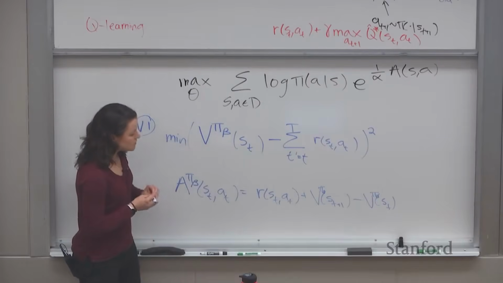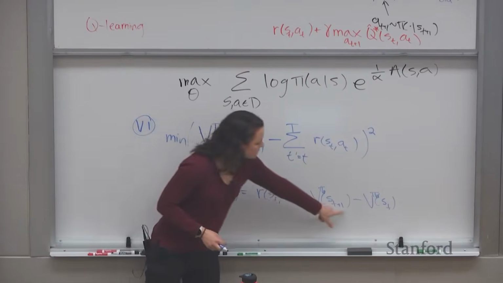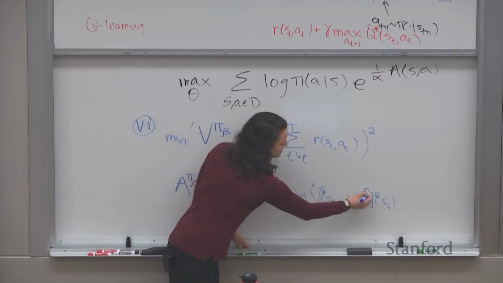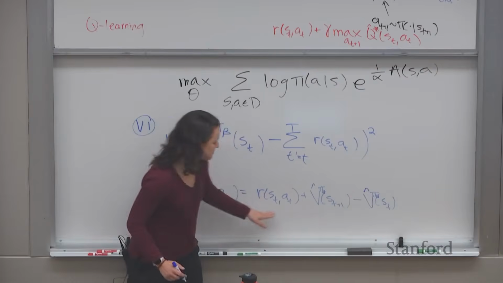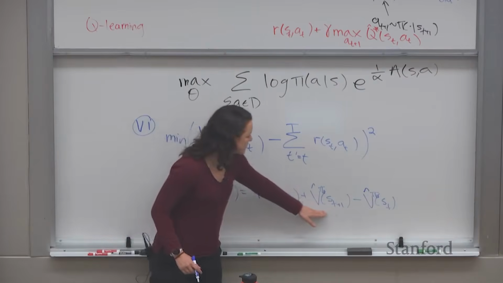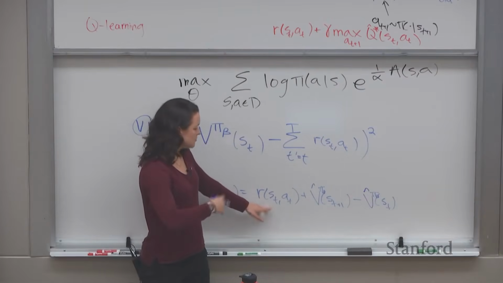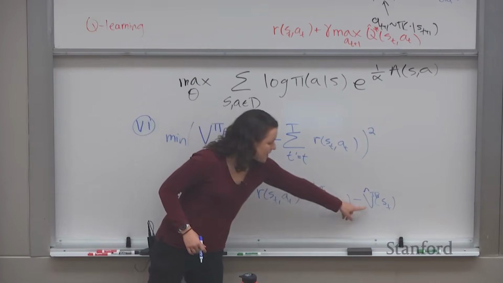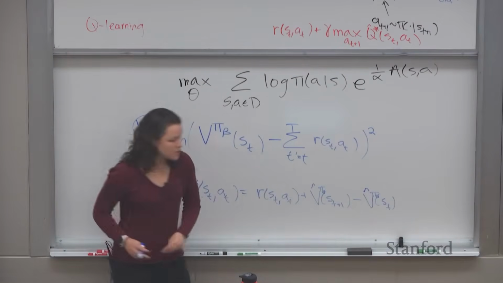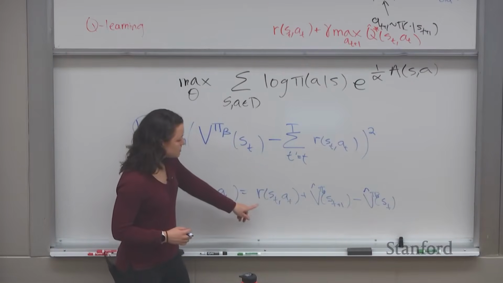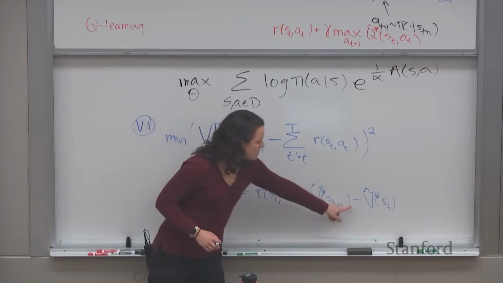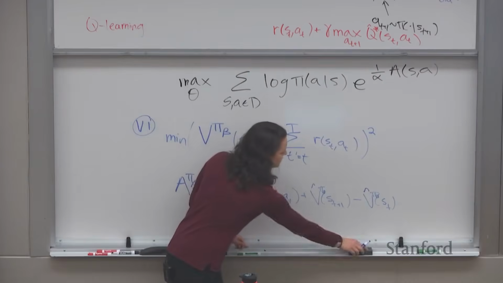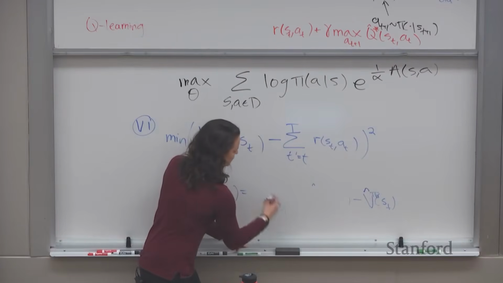One alternative is, instead of using this estimated reward plus value, which is basically the estimated future rewards if you start at state T and take action A, minus your current value, you could simply use the empirical sum of rewards into the future.